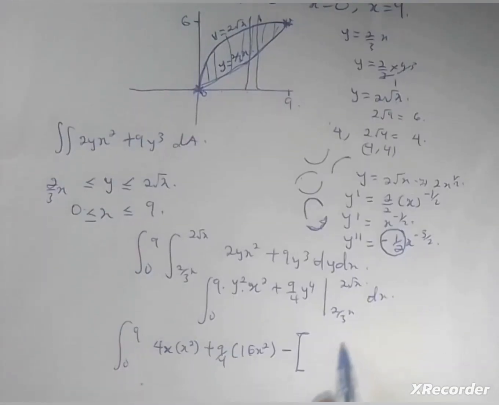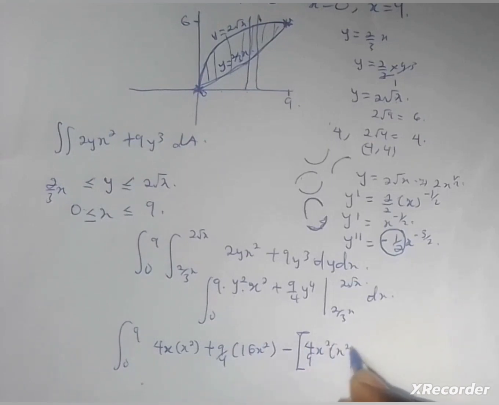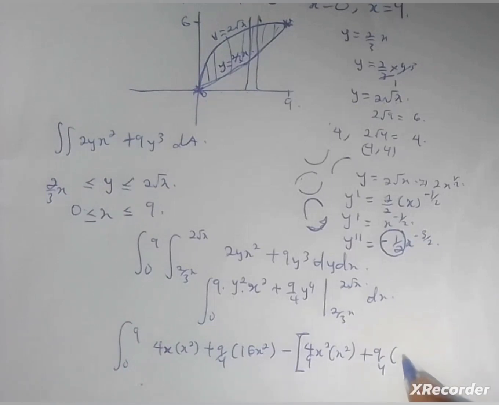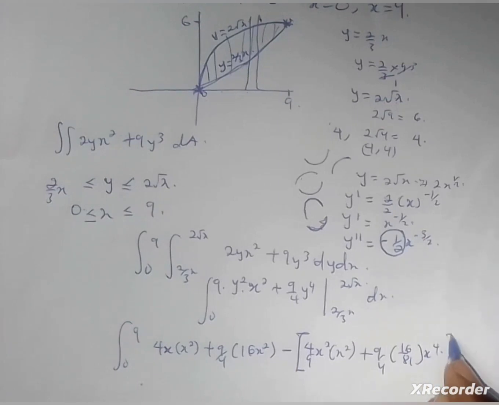So at this point, I'm going to put the lower limit inside. So wherever I see y, I'll put 2 over 3 x there. So I'm going to get what? 4 over 9 x squared multiplying 2/3, then plus 9 on 4. Then here I'm putting 2 over 3. 2 to the power 4 is 16 over what? 81. Then all x to the power 4, right?